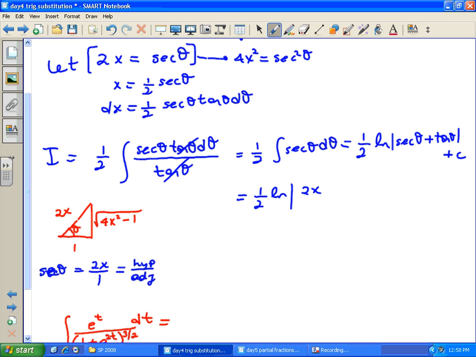And how about tangent theta? Tangent is opposite over adjacent, so it's going to be the square root of 4x squared minus 1 divided by 1, which is not worth even writing down, right? And then plus c. Close the absolute value, plus c.